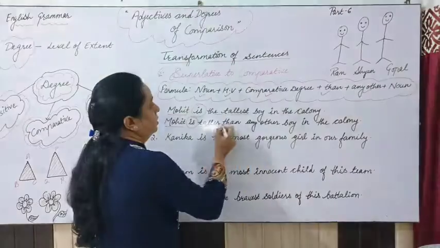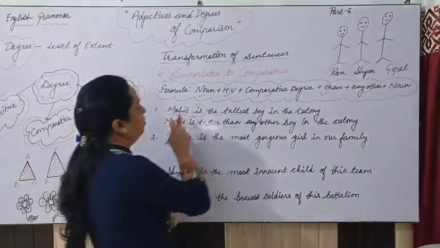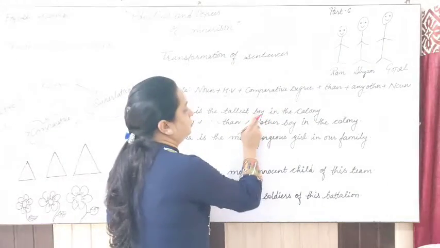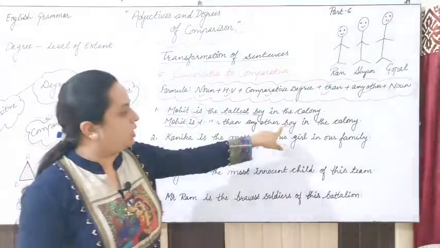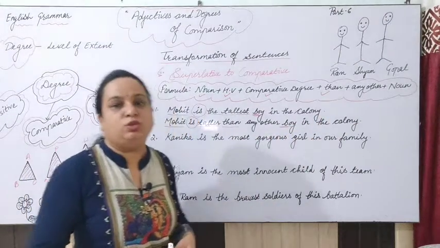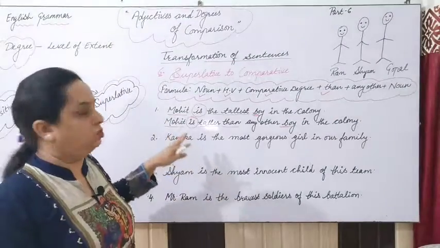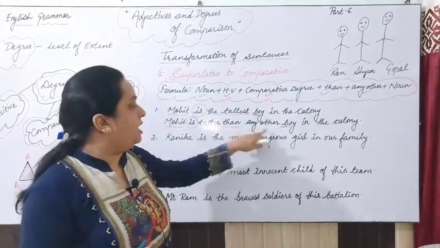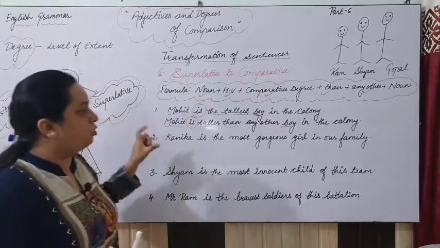Then we have to use than any other boy, because Mohit is a boy, so the other noun is boy. The rest, in the colony, is the remaining part of the sentence which we keep as it is. So the transformed sentence is: Mohit is taller than any other boy in the colony. This is what we have to do.